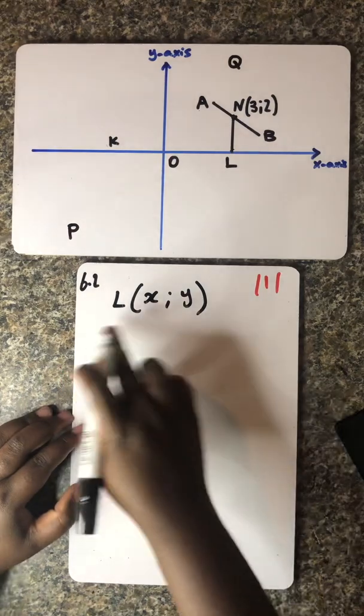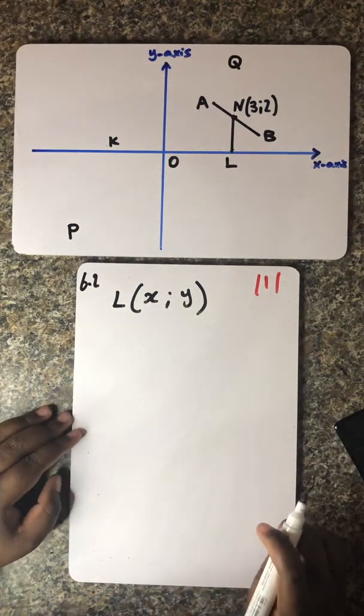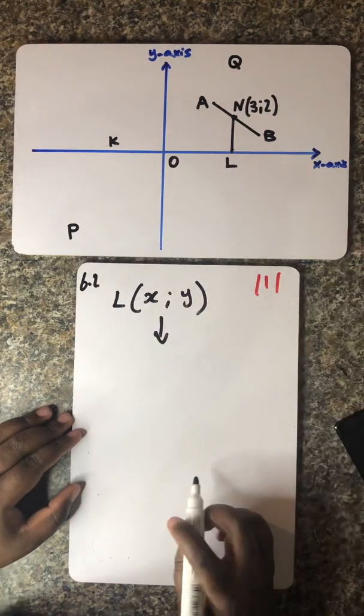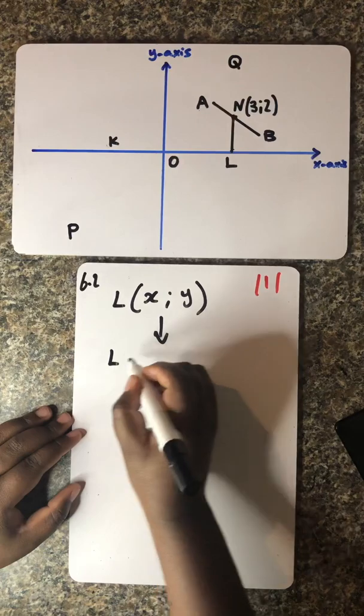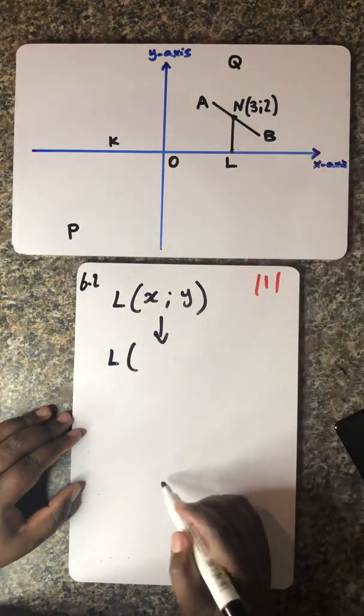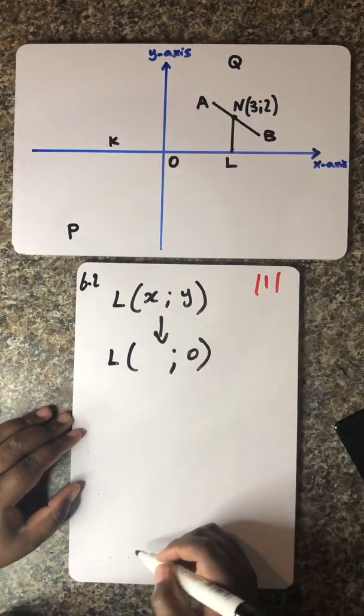Why do you have to do this? It's so that you have an idea of how your final answer should look like. Okay, then this is where you can indicate, you say, already you know at that point L, obviously the Y is 0.